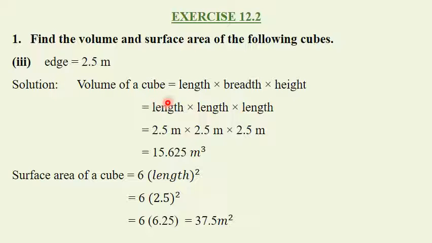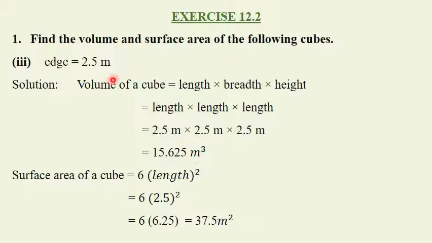So the volume of the cube is equal to length into breadth into height, but as we know that in the cube length, breadth and height are all equal, so we can replace the breadth and height with the length. So the final formula is length into length into length. So 2.5 meter into 2.5 meter into 2.5 meter, and after all the multiplication we will have 15.625 meter cube, because the meter is multiplied 3 times, so it will be meter cube.